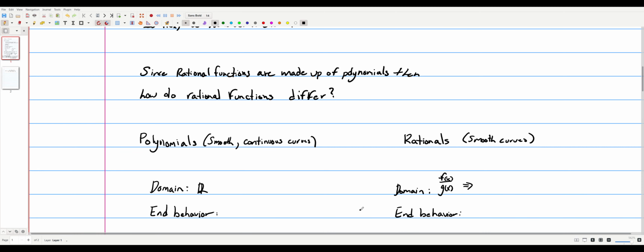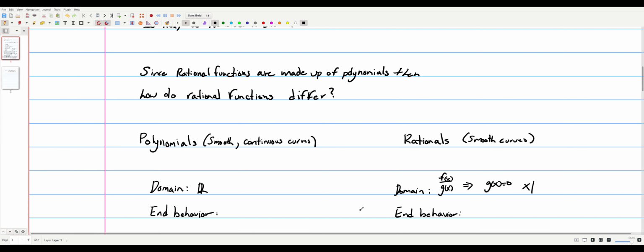Recall that a rational function is essentially a fraction, and we can never divide by 0. That means that if g of x is ever equal to 0, it's going to cause problems for us when we try to graph or evaluate our rational function.